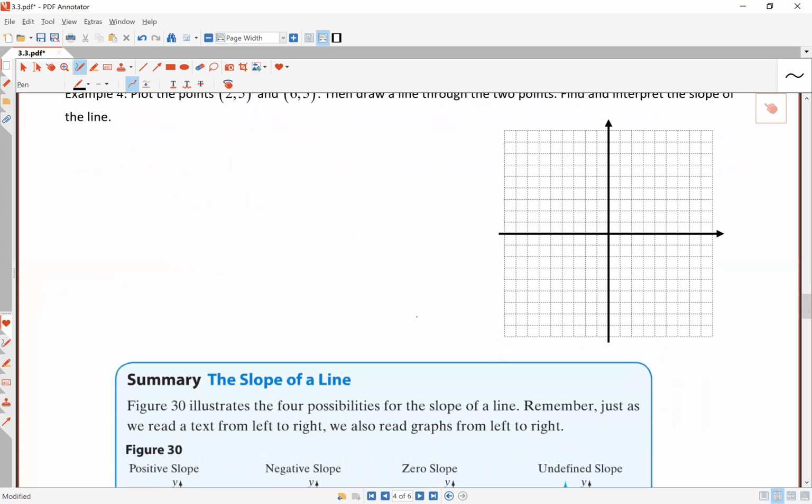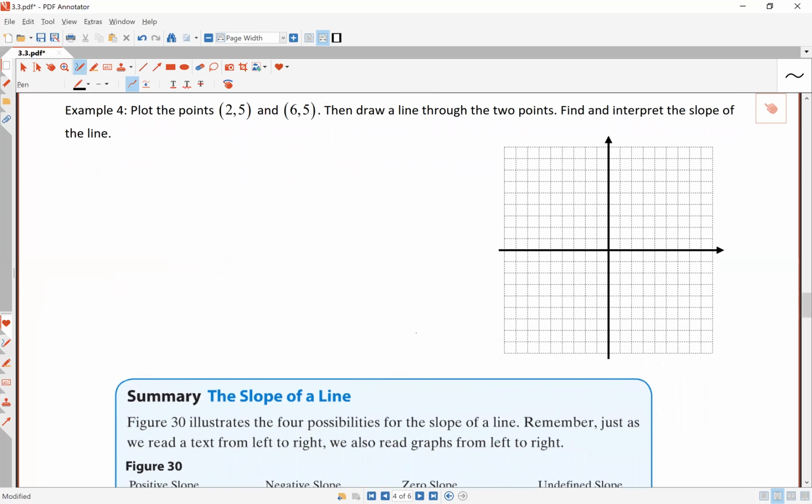And then we look at the flip side of that. What if the y values are exactly the same? (2, 5) and (6, 5). We know that when y is fixed, we have a horizontal line.